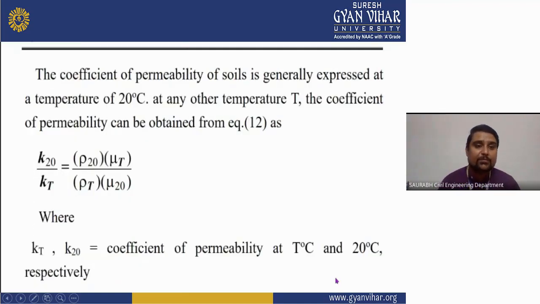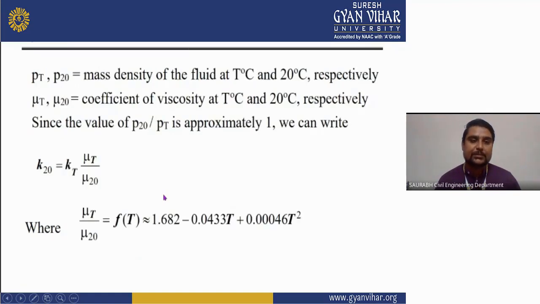The coefficient of permeability of soil is generally expressed at a temperature of 20 degrees Celsius, and at any other temperature T, the coefficient of permeability can be obtained from equation 12: K20 equals KT, where KT and K20 are the coefficients of permeability at T degrees Celsius and 20 degrees Celsius respectively.